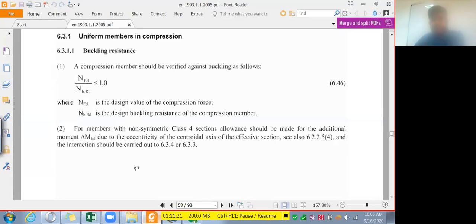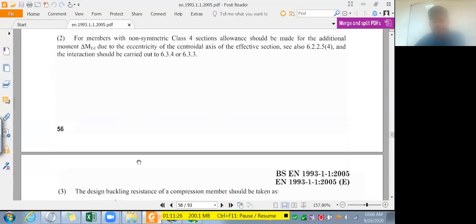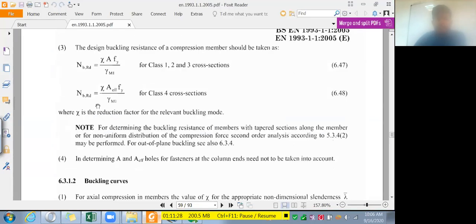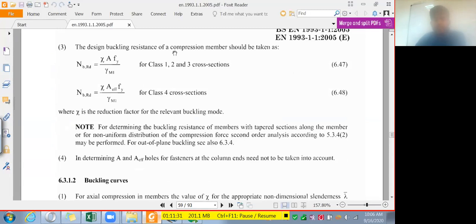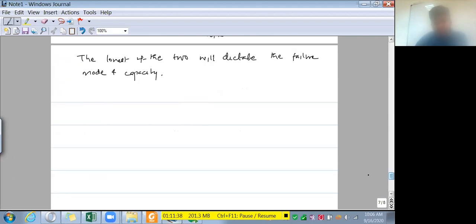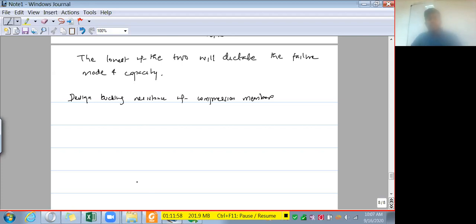For unsymmetric members, you will have additional eccentric moment as well. So the design buckling resistance of compression members can be obtained from these two equations.